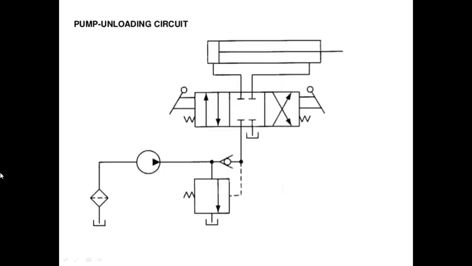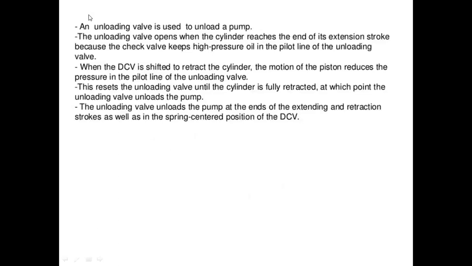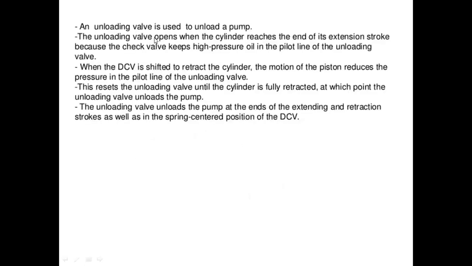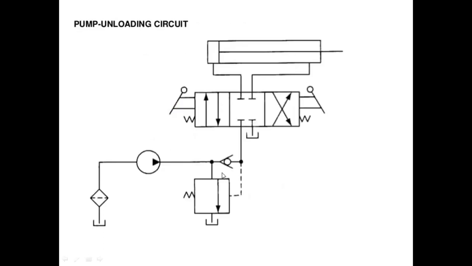After that, we have seen the unloading circuit. In the unloading circuit, an unloading valve is used to unload the pump. The unloading valve opens when the cylinder reaches the end of the extension stroke, because the check valve keeps high pressure oil in the pilot line of the unloading valve.